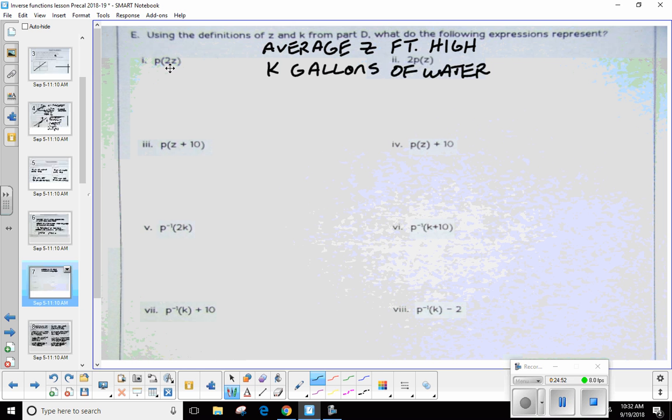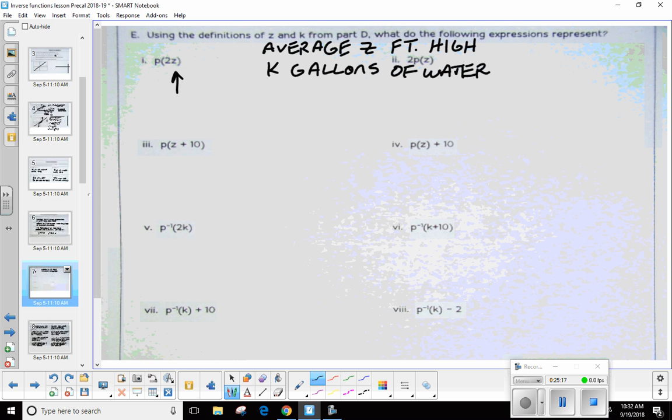Now remember, P of X, P of Z, whatever variable we're going to use, that represents the number of gallons of water. So the input here is going to be the height of the tree. So think about, what am I doing to the height of that tree? I have 2Z. And if Z is the average height, what does 2Z represent?